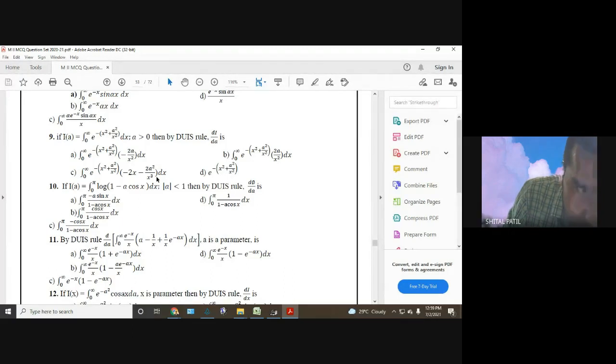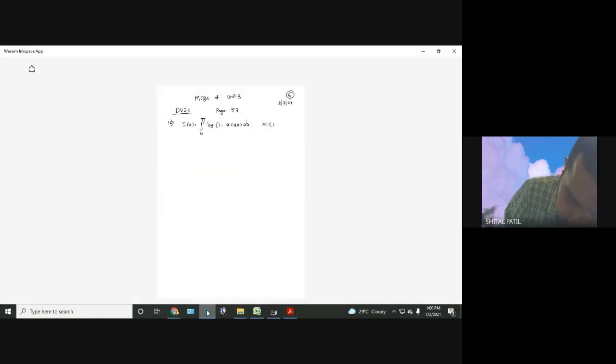I of A equal to integration, from example number 10, I of A equal to log of 1 minus A cos x dx, mod of A less than 1 is given. d phi by dA is to be obtained, from 0 to pi. Okay, so write with me. Alpha equal to 0, beta equal to pi. Constant.